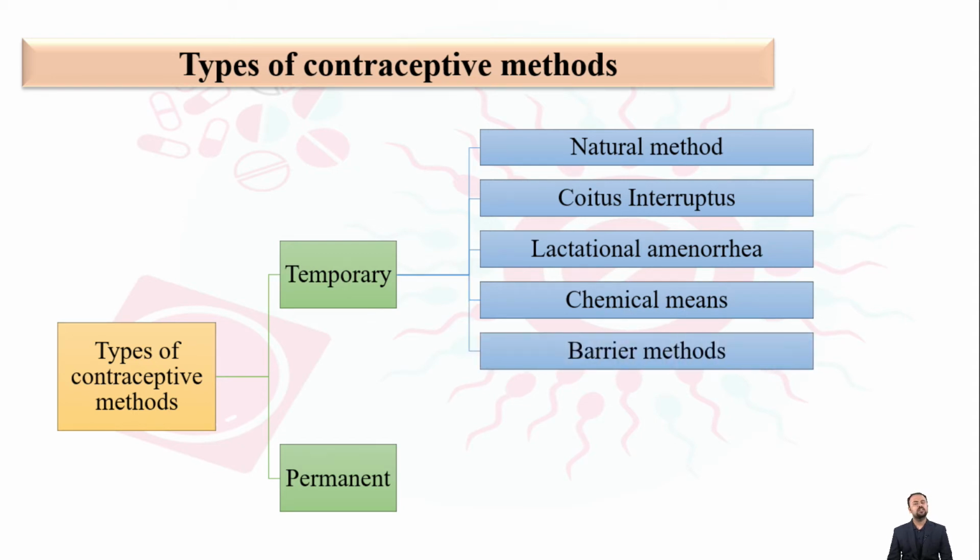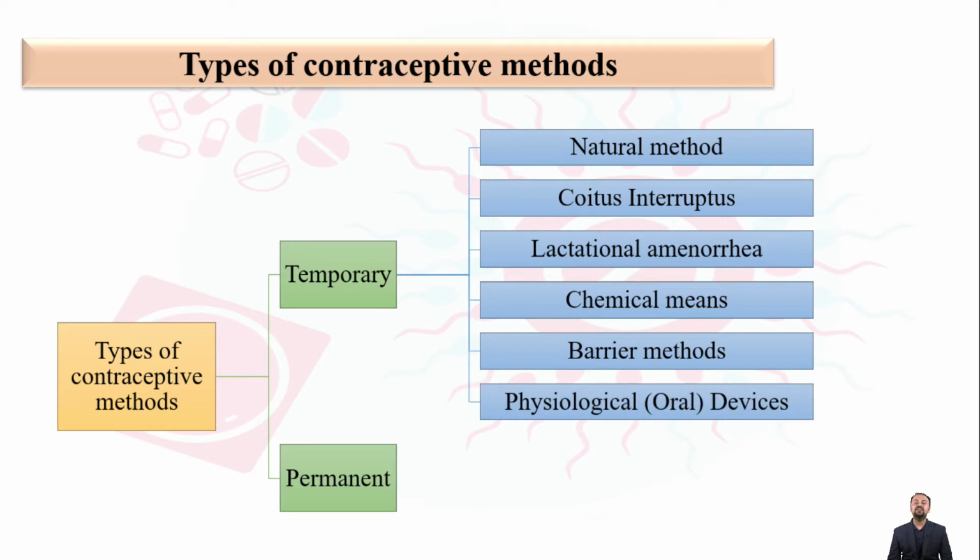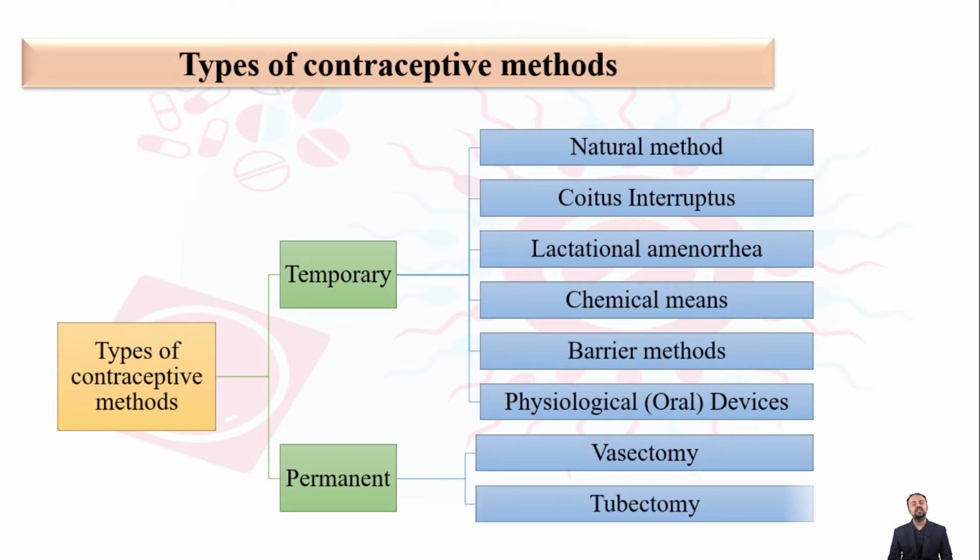Then students, we talk about the barrier methods, and finally under temporary methods we talk about the physiological, meaning the oral devices. Now students, in case of the permanent methods there are two major surgeries. One is vasectomy and the other is tubectomy. Now students, let us talk about these different methods of contraception one by one.